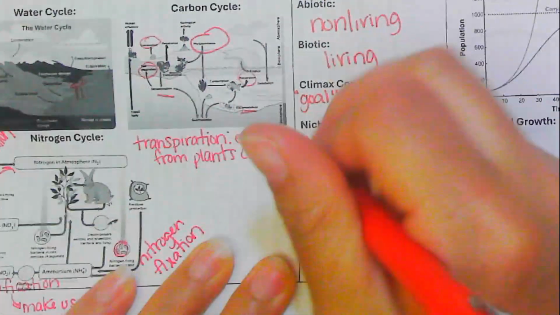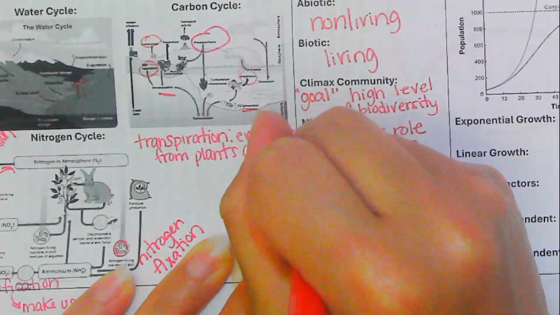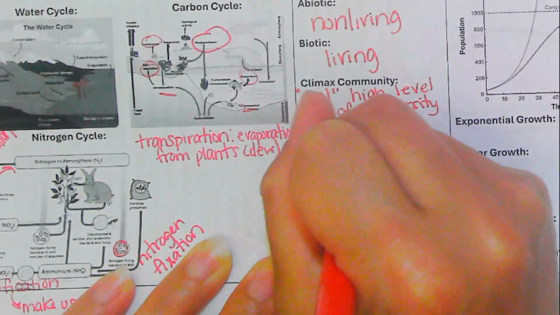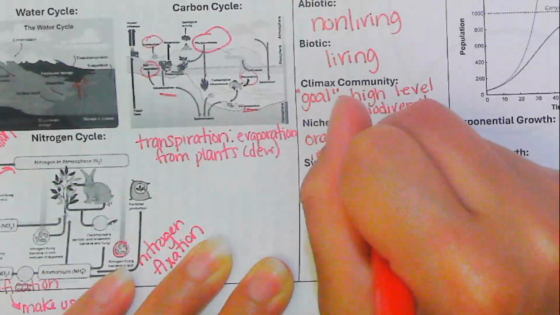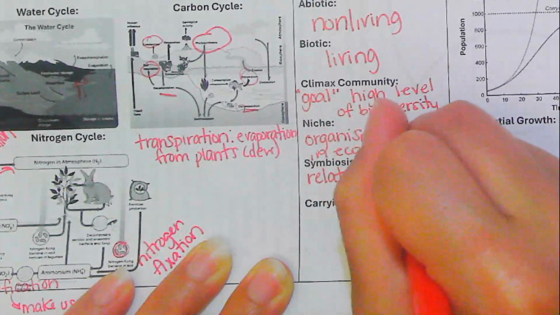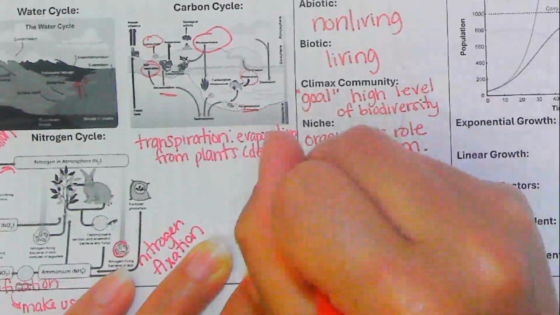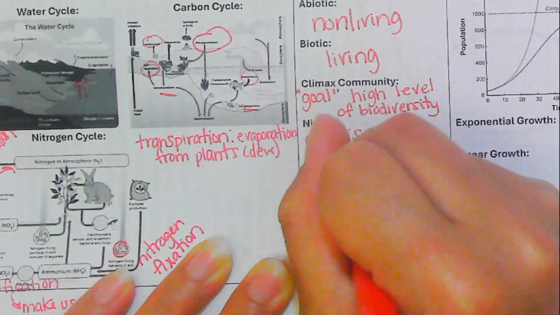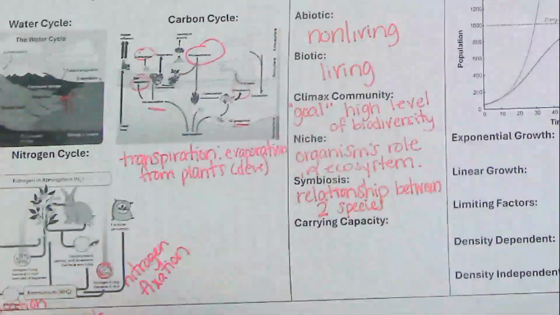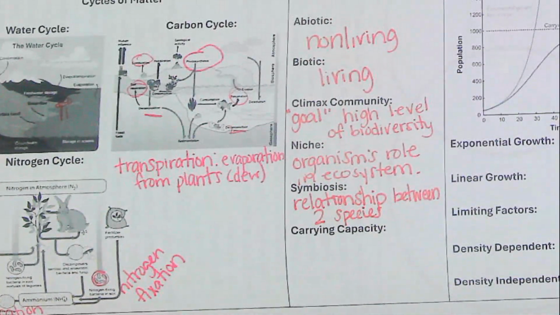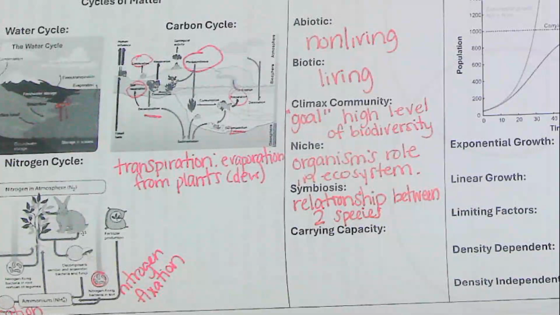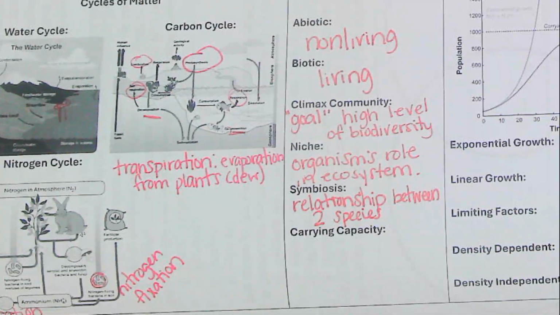These are relationships. Typically, they live together. So that's mutualism, parasitism, commensalism.